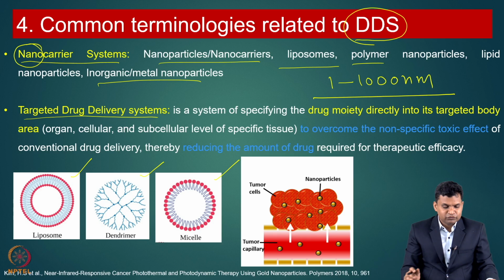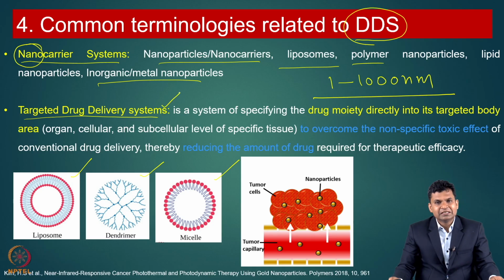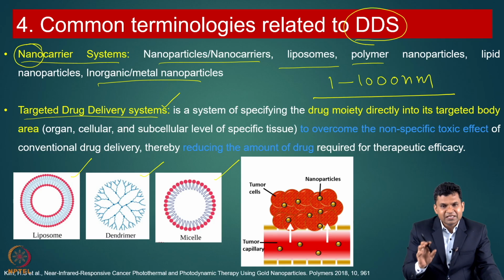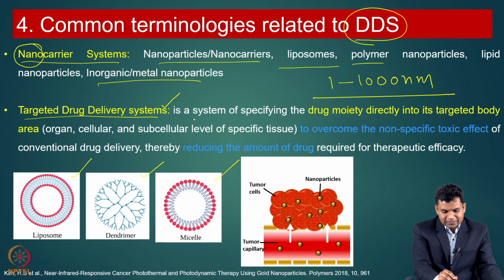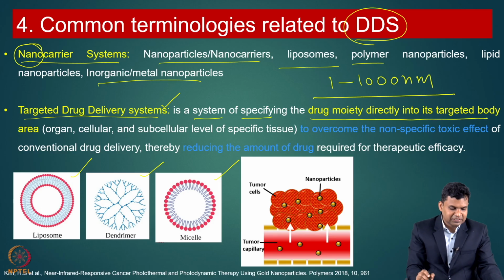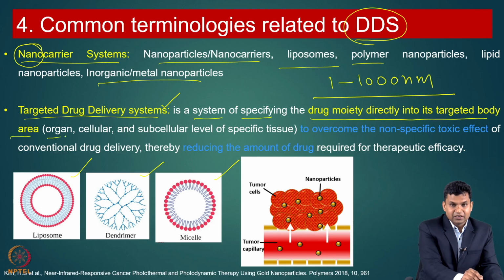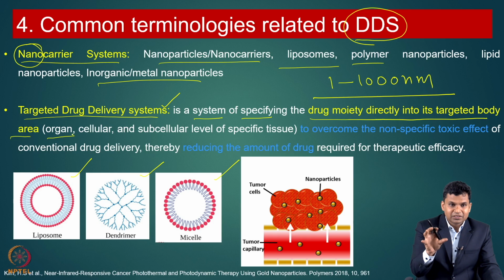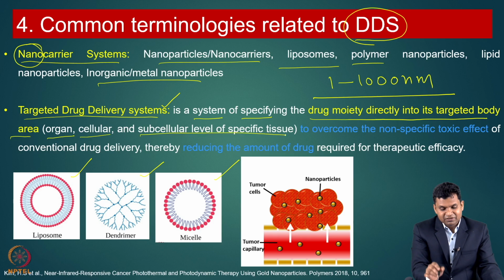In such cases we need to go with tumor targeted drug delivery systems. With this system we can take the molecule to the specific site. A targeted drug delivery system is a system of delivering the drug moiety directly into the target area, either a particular organ or tumor, or particular cells or the subcellular level of specific tissues. We can even target the organelles of various cells.